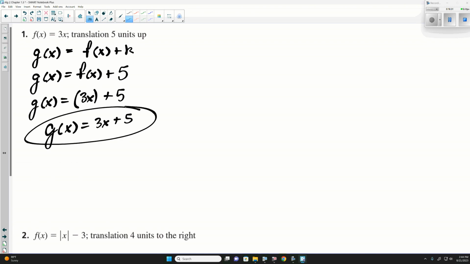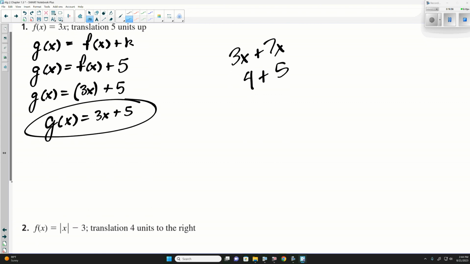And since 3x and 5 are not like terms, that's it, as far as we can go. They will have the same variables. Like the same factors. Yeah, 4 and 5, constant terms, linear terms.